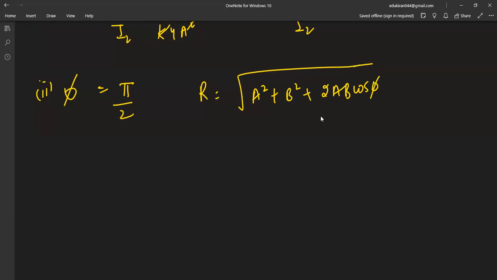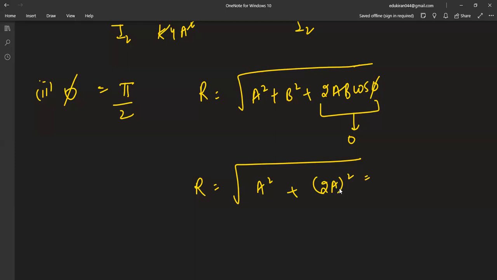Since this is 90 degree, this entire term will be 0. So resultant will be under root A square plus (2A) whole square, that is, 4A square plus A square, 5A square. So resultant will be A root 5.